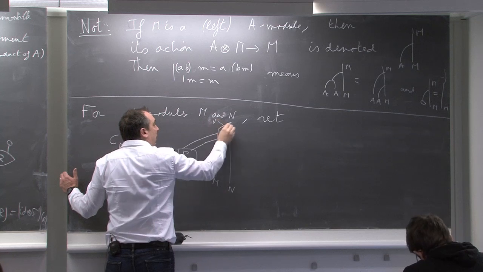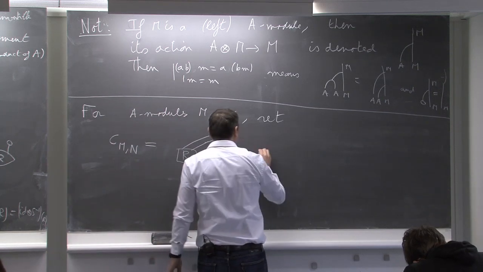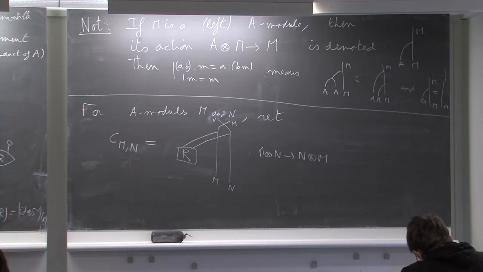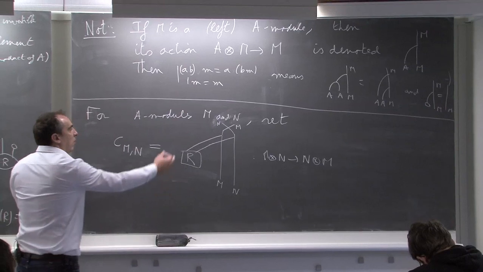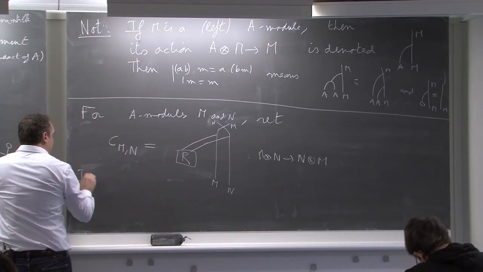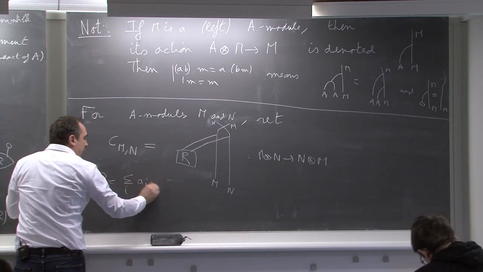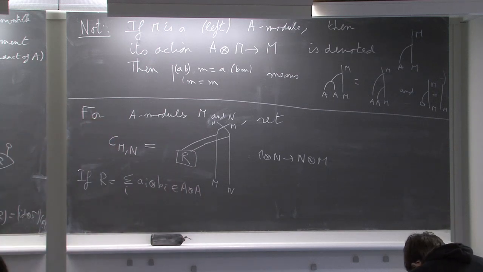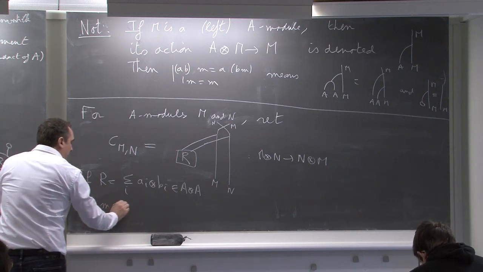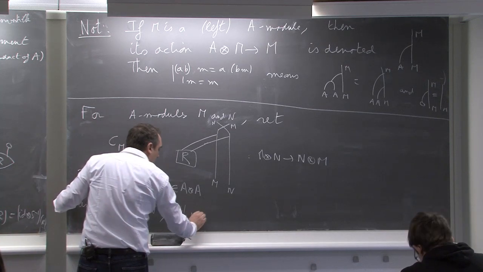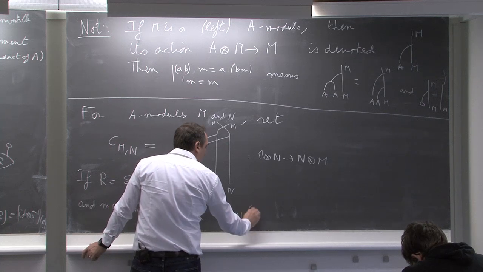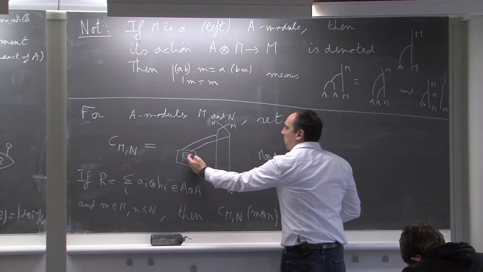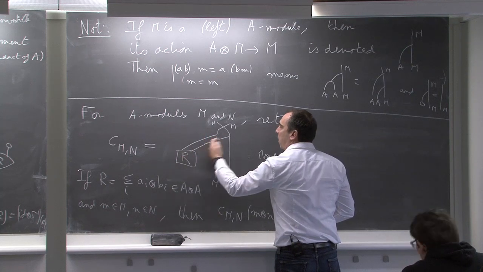This is from M tensor N to N tensor M. I recall what it means: if you write R as a finite sum, R equals the sum of a_i tensor b_i, and m in M, n in N, then C_{M,N} of m tensor n, if I plug in elements, a_i acts on little m, b_i on little n, then I flip.